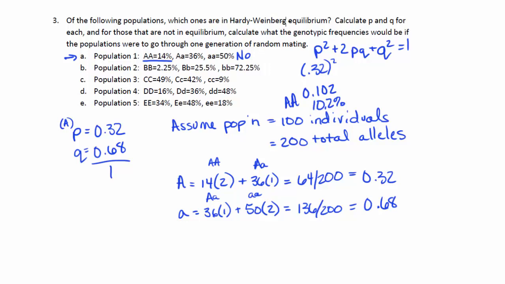However, if we wanted to come up with what the frequencies would be if they were in Hardy-Weinberg equilibrium, big A, we've already said, should be 10.2%.